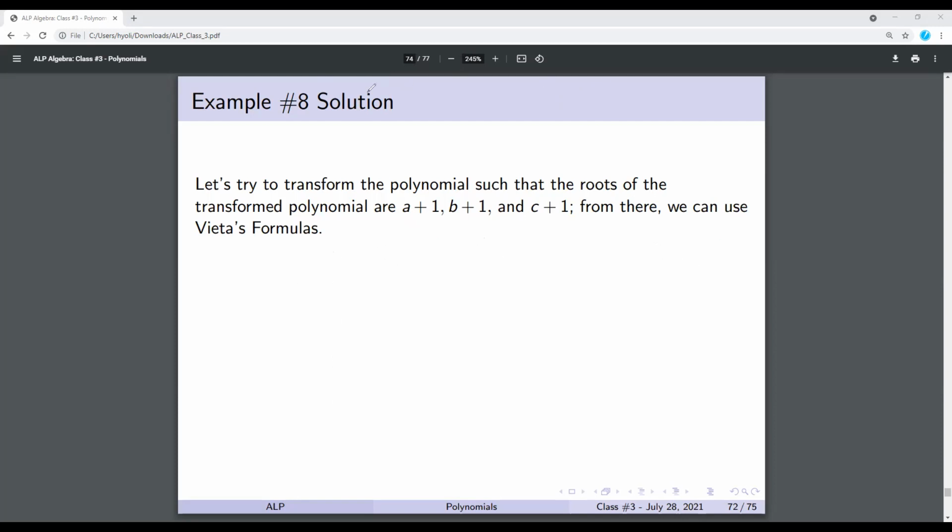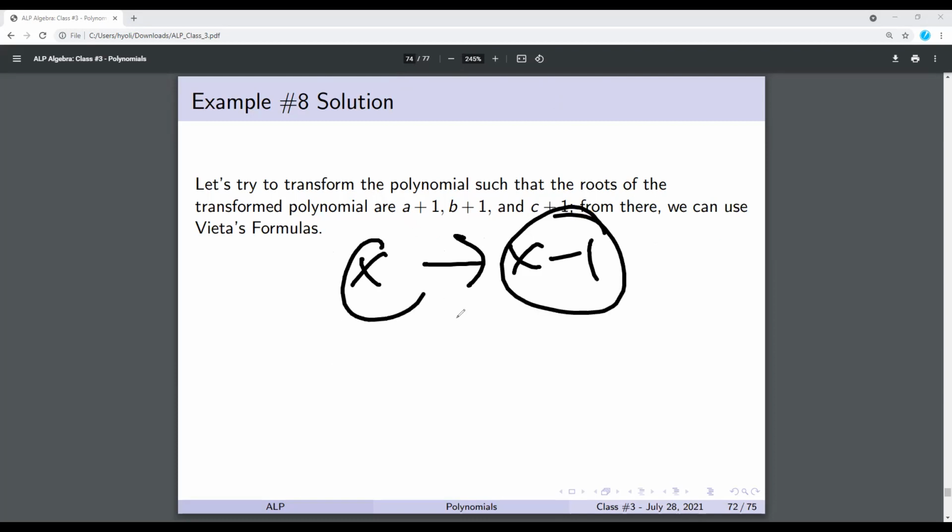You let x become x minus 1 because we're shifting it over to the right by 1, and we can expand it into a polynomial such that our constant value is negative 23. Since we want to find the product, our answer would just be c over a, which is negative 23.